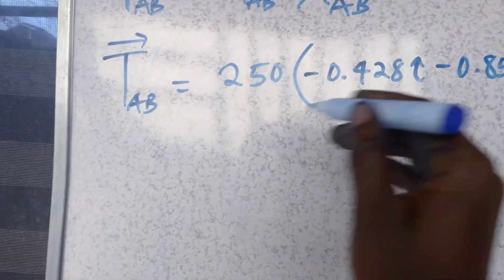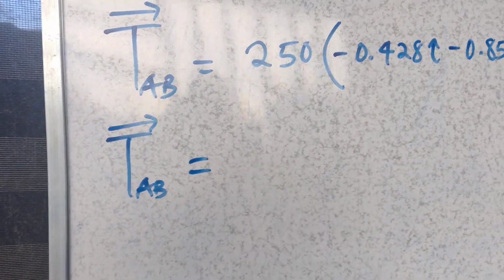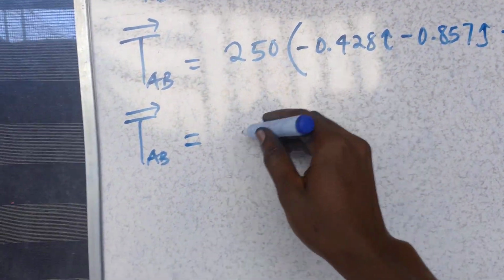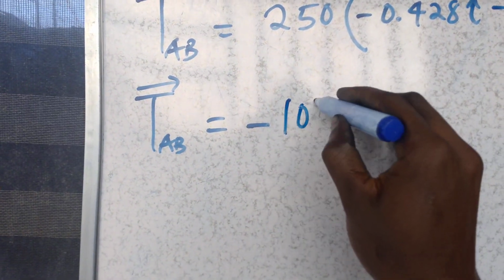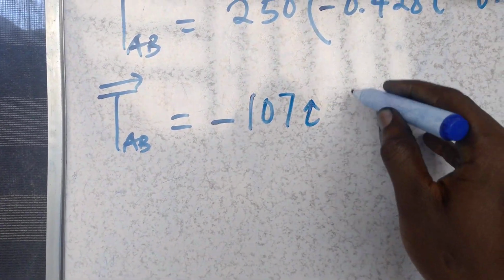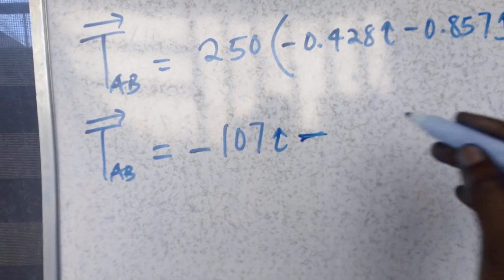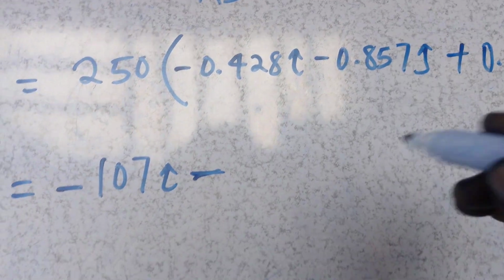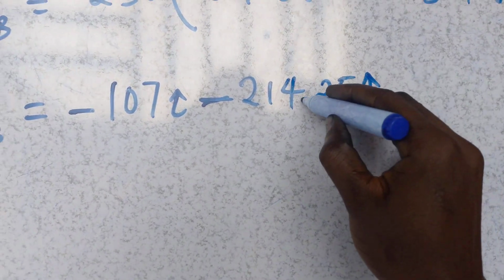Right, so if I multiply this now, vector TAB will be equal to, this multiplied by this, a negative value, will give me minus 107I. Then multiplying the next, minus 214.25J.